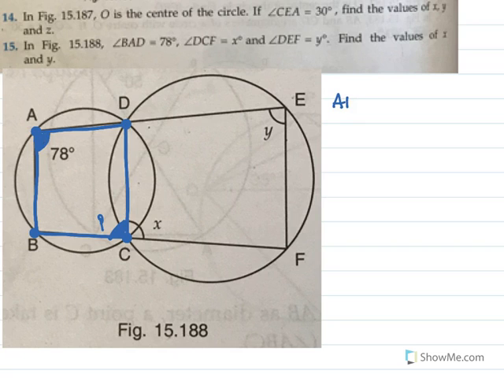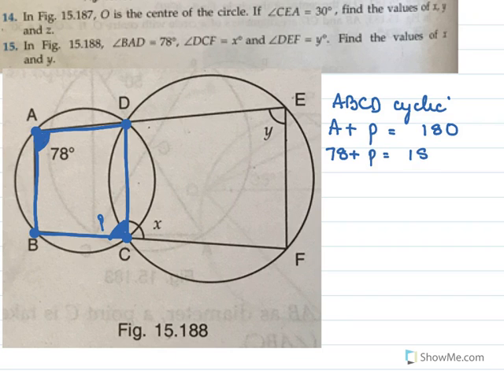So we'll write A, B, C, D cyclic. Therefore, A plus angle P equal to 180. So A is 78 plus P 180. So P is 180 minus 78. So your P will be 102.